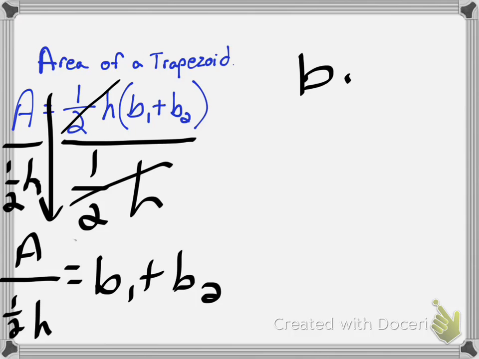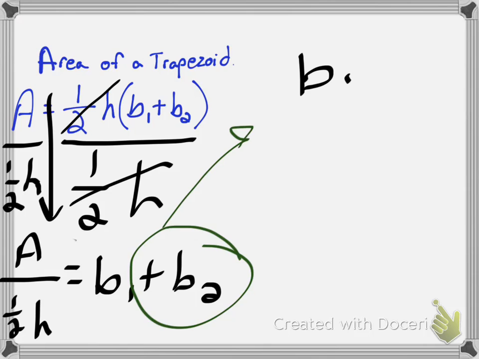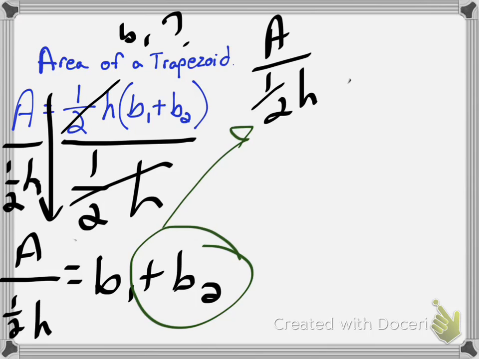Alright, so let's keep going. Now what's happening over there with the B? Well, we still have a plus B2, so what's the opposite of adding? Subtracting. So I'm going to go over here to make more room. So we have A over 1/2 h equals B1 plus B2.